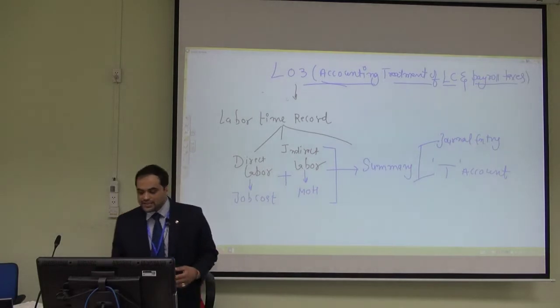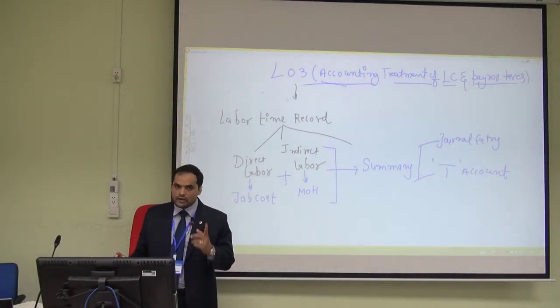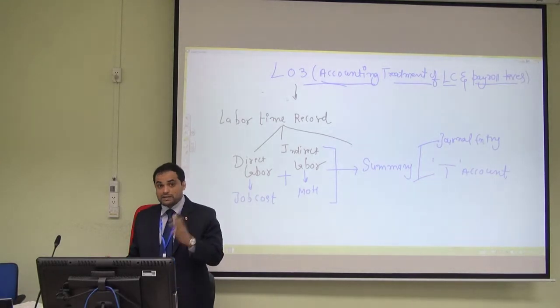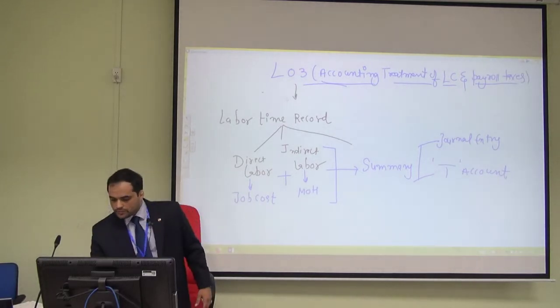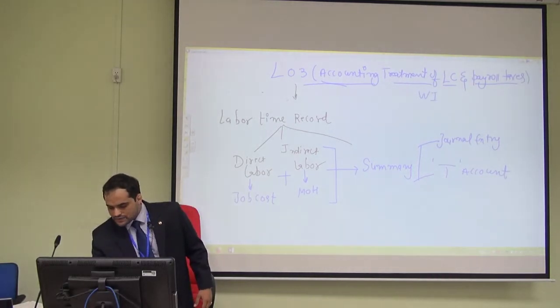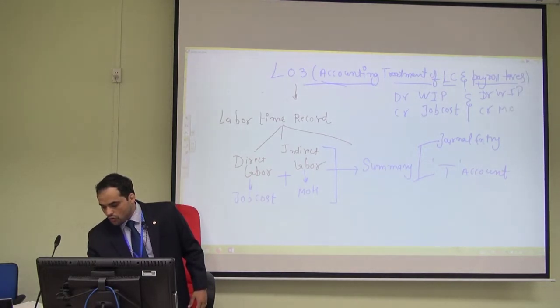The journal entry is the same as in learning outcome 1, when I explained hour rate, piece rate and modified wage plan. In the modified wage plan, I gave an example of direct and indirect. So the journal entry could be debit work in process, credit job cost, and debit work in process, credit manufacturing overhead.